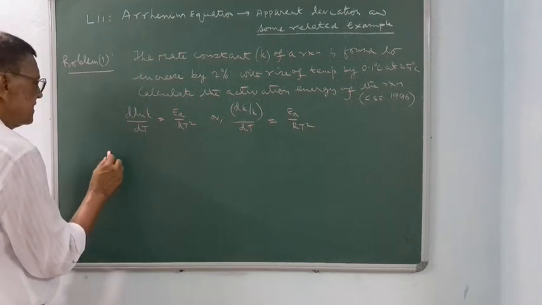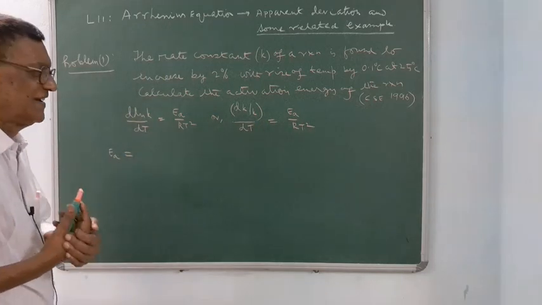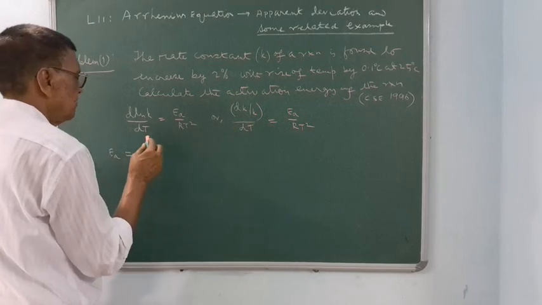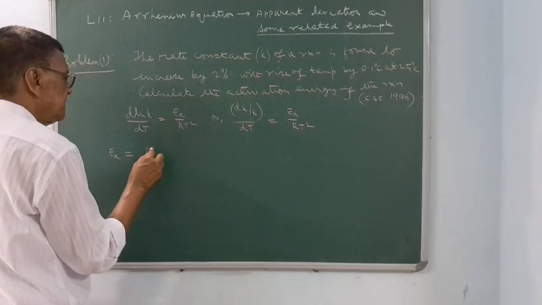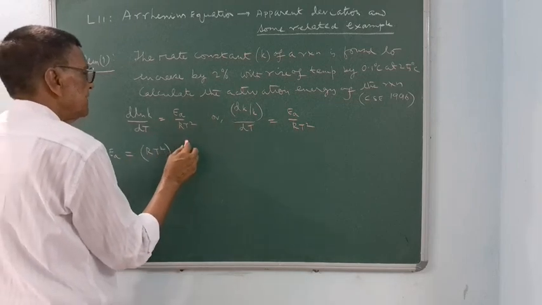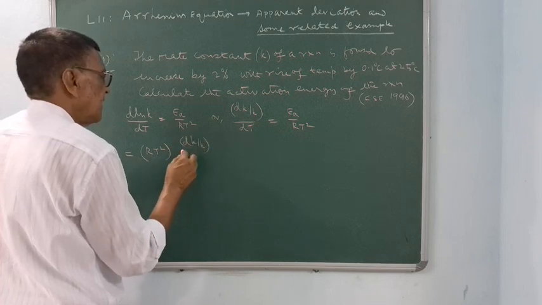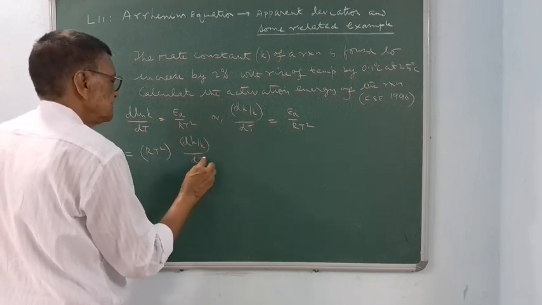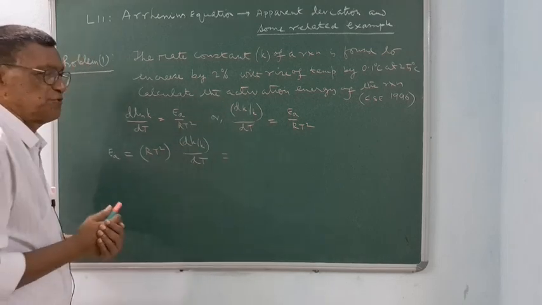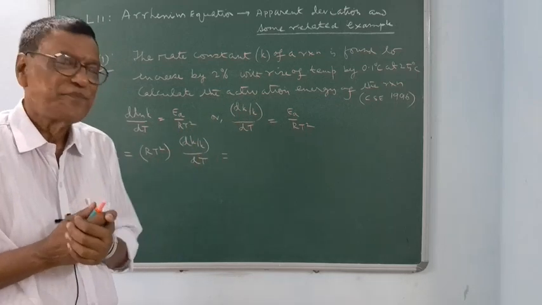So the activation energy which we have to calculate equals RT square into dk by k divided by dT. Now let us put the data given in this problem.